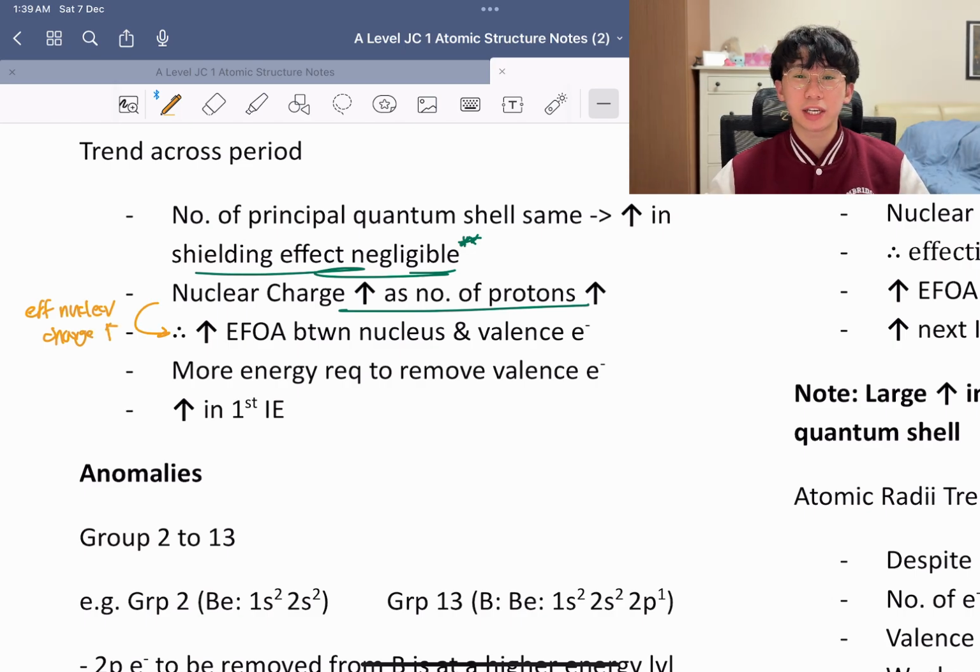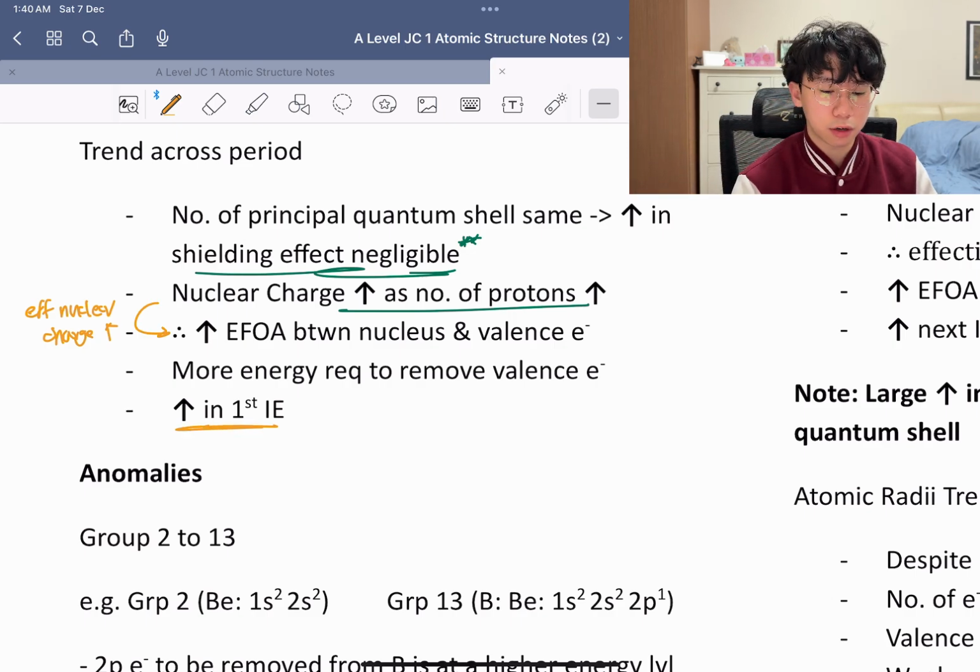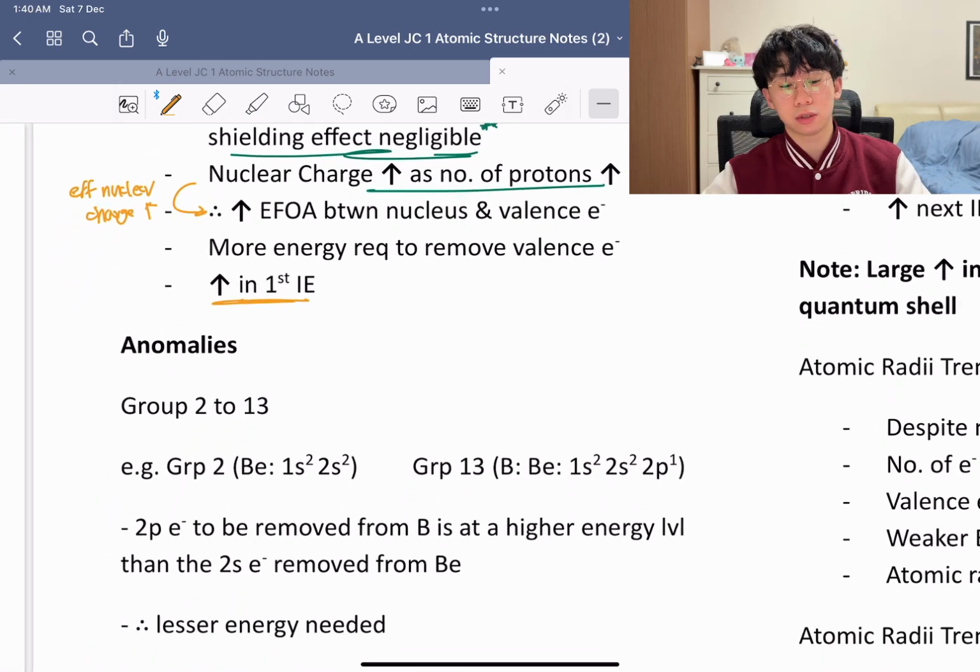Effective nuclear charge increasing means an increase in EFOA between the nucleus and the outermost electrons, and therefore your ionization energy will increase because the magnetic strength is higher. If there's more force pulling on the electron, you need more energy to pull it out. So there's an increase in first ionization energy.